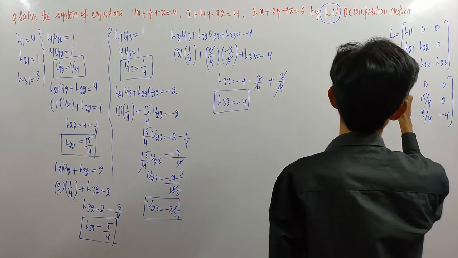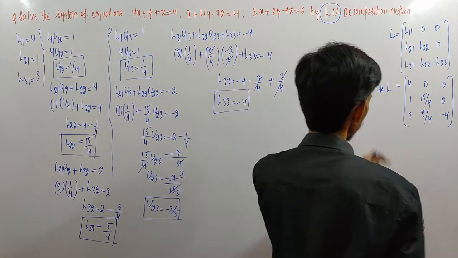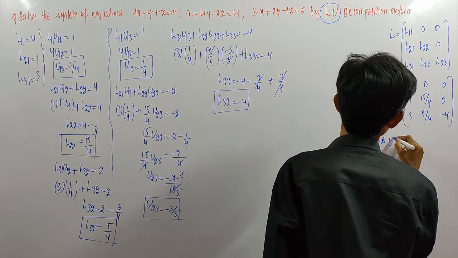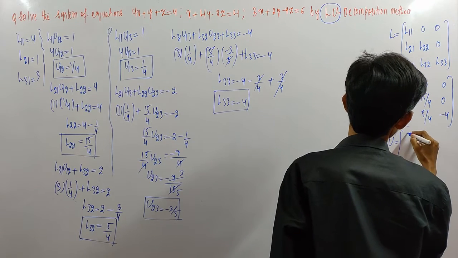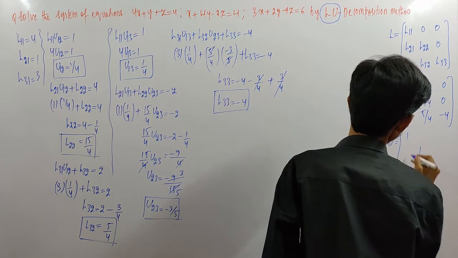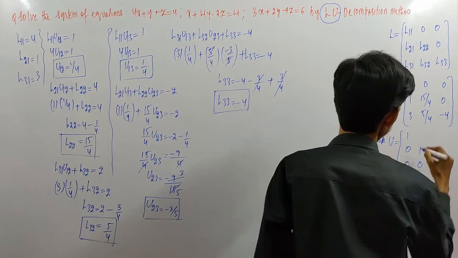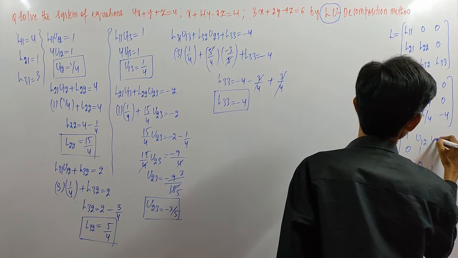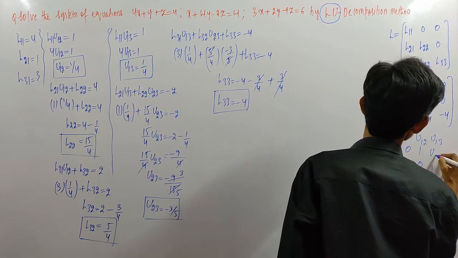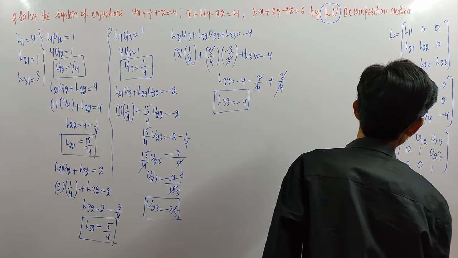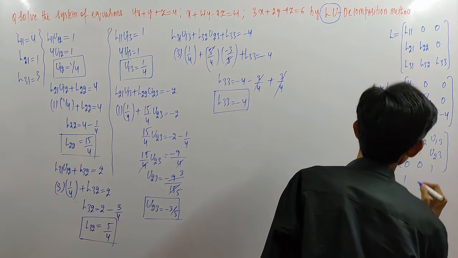Now this value is L. We have to write down this. Next we have U, the upper triangular matrix. We have 1 1 1 and 0 here, and U12, U13, next U23. This is 1 0 0.